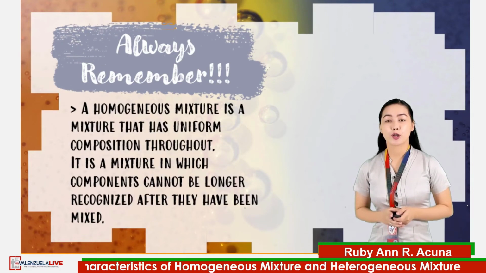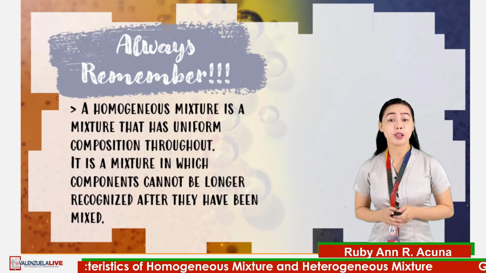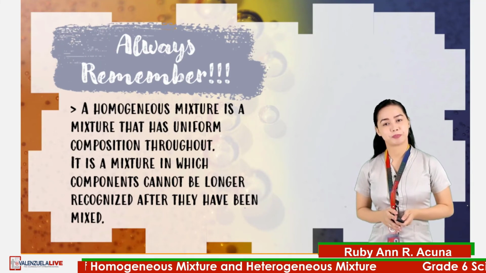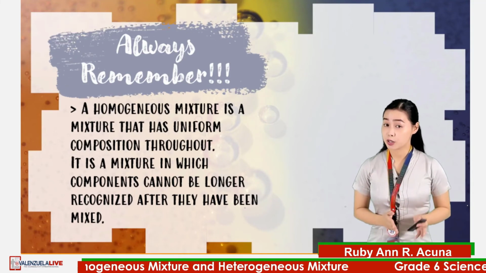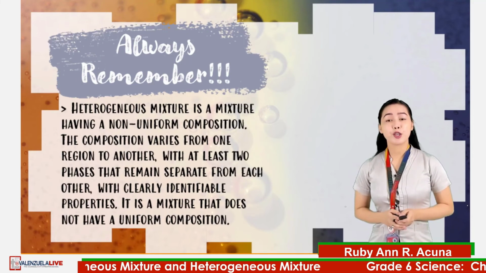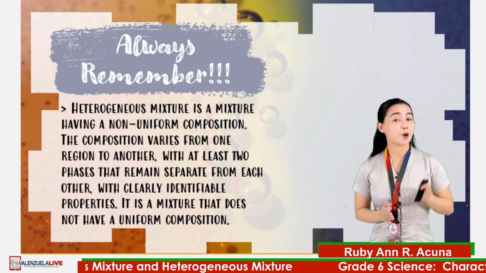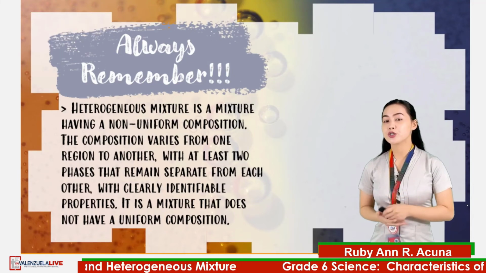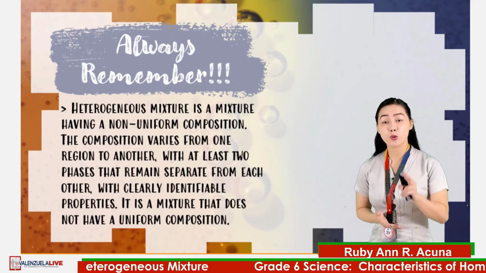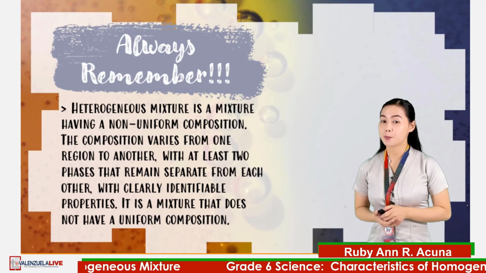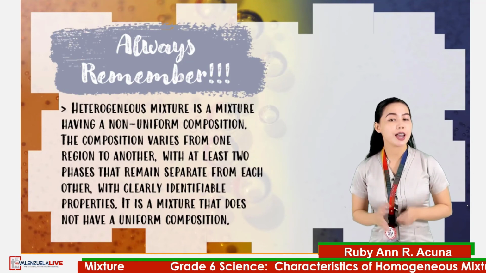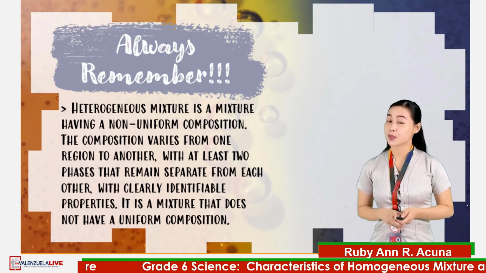It is a mixture in which components can no longer be recognized after they have been mixed. While a heterogeneous mixture is a mixture having a non-uniform composition. The composition varies from one region to another with at least two phases that remain separate from each other. It is a mixture that does not have a uniform composition.